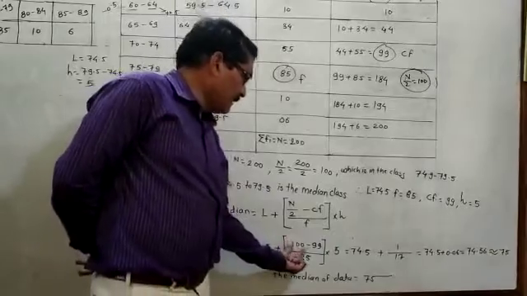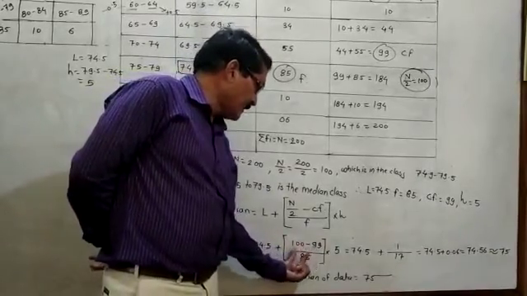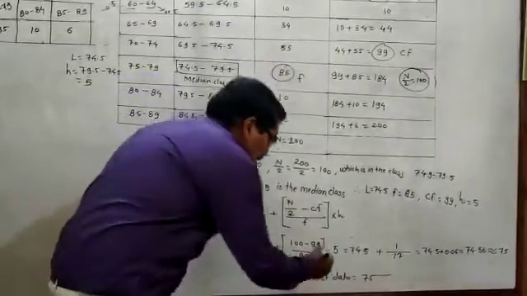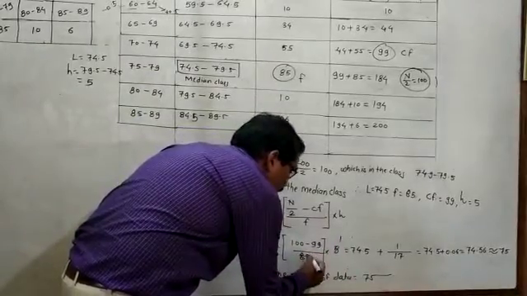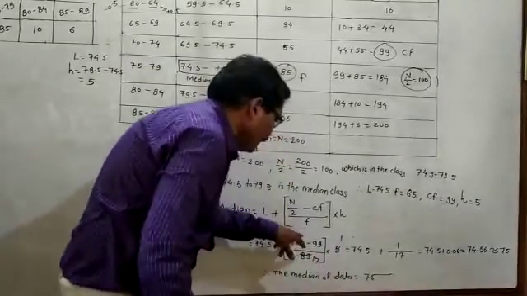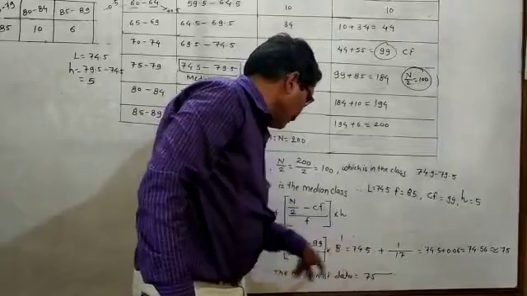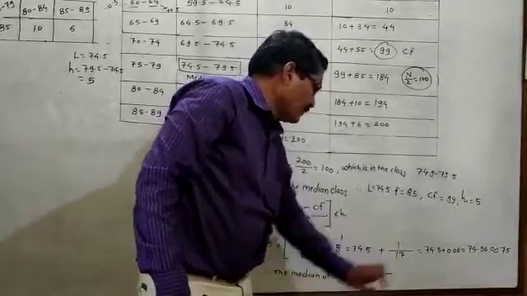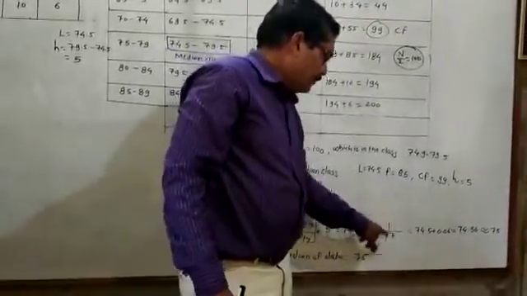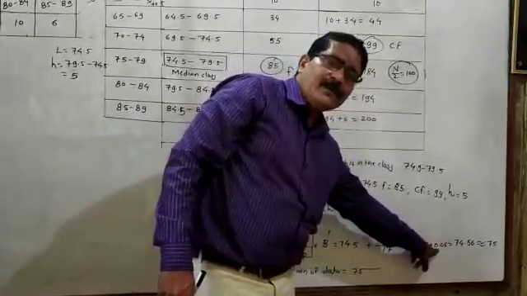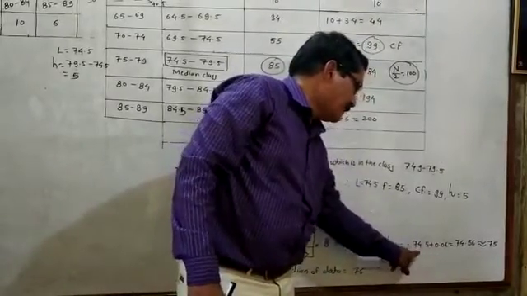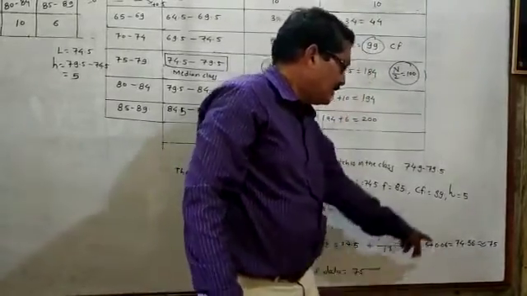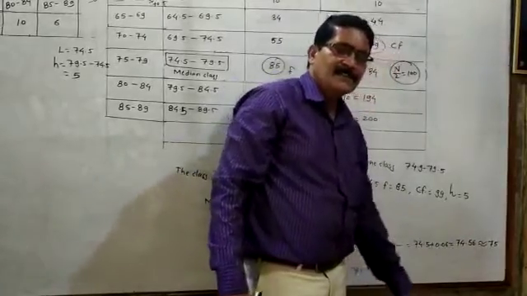Then 100 minus 99 is equal to 1, and 5 into 17, this will come 1 upon 17. So 74.5 as it is, and 1 upon 17 is approximately 0.06. 74.5 plus 0.06 is equal to 74.56.